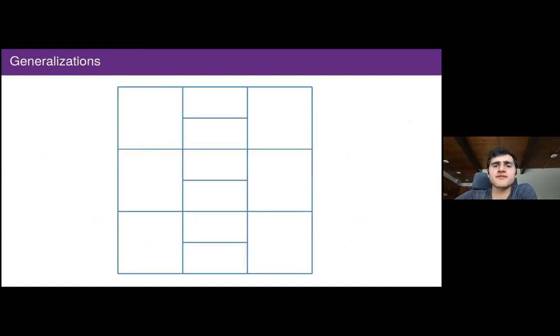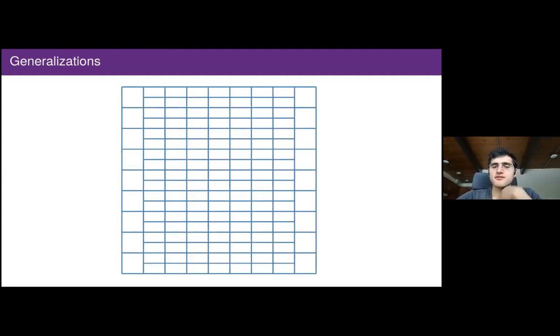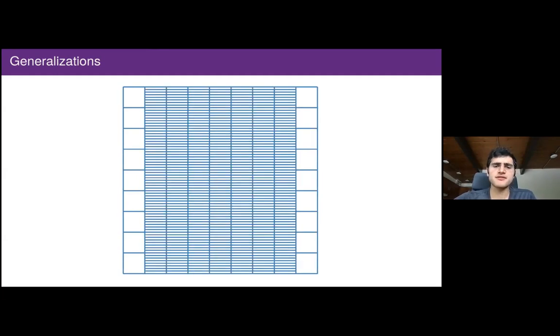Instead of working with this tiling H as your base tiling, you can work with a tiling that has more tiles in the middle column, or more generally, instead of a 3x3 tiling, you can work with a tiling of larger side lengths. And if you do a mix of these ideas, you can get arbitrary degrees of growth for any degree greater than 2.